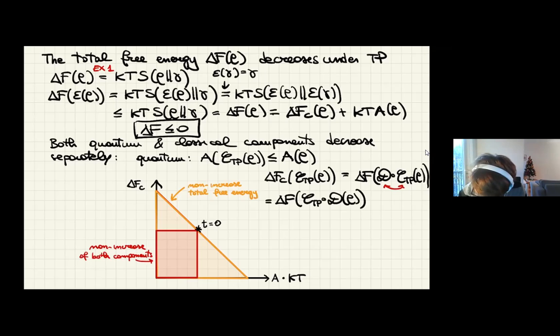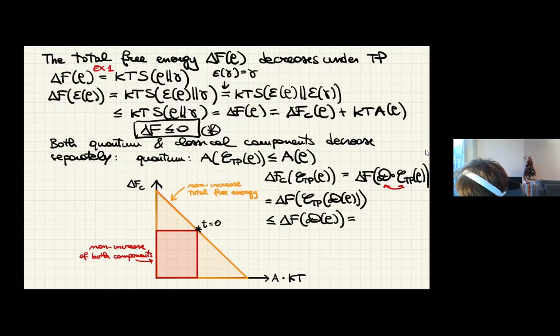This is just what we wrote here. Maybe I should rewrite this slightly differently. It's just the free energy of C of delta of D of rho. And we know from this relation here that the original free energy is always decreasing. So this is smaller or equal than delta F of D of rho, which is delta F_C of rho.